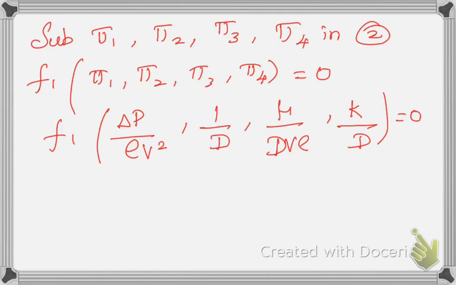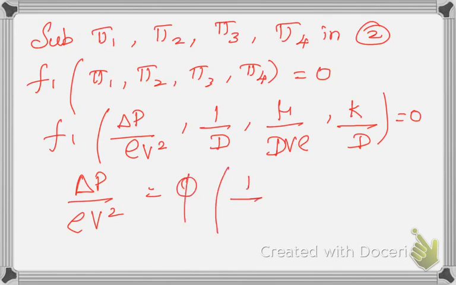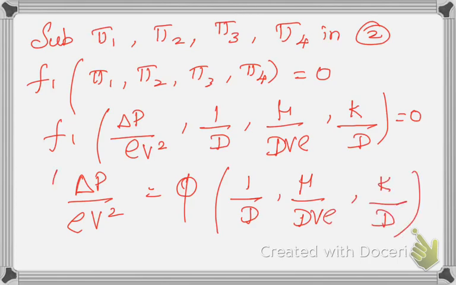Now we want to get the equation of del p by rho v square. So del p by rho v square is equal to some function of L by d, mu by d v rho, k by d.